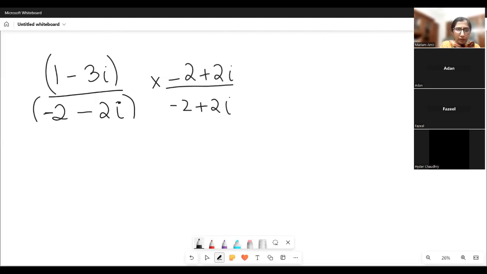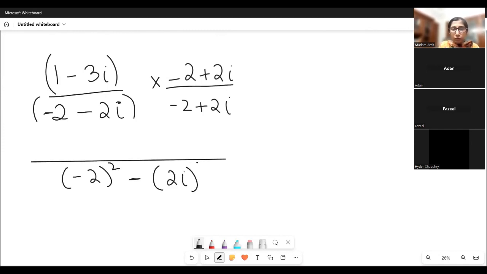Okay, so the denominator would be a square minus b square. So -2 square minus 2 iota whole square. A square, a is this, and b is this. So a square minus b square.